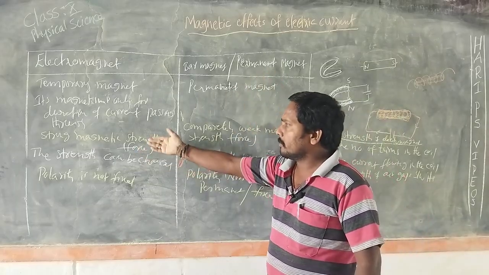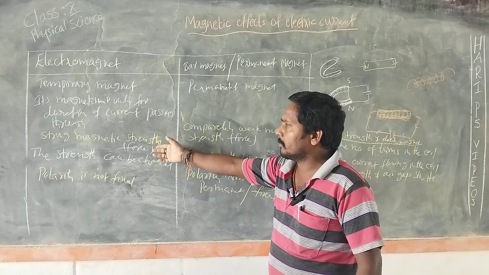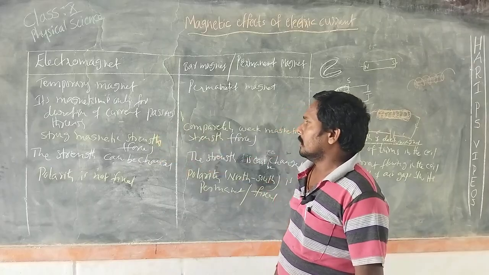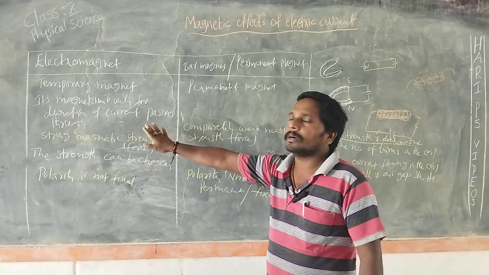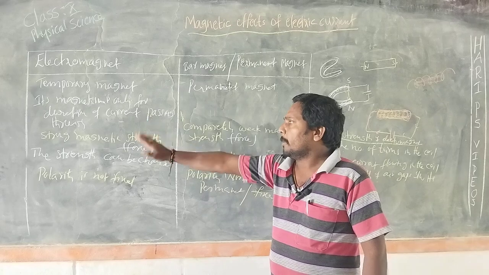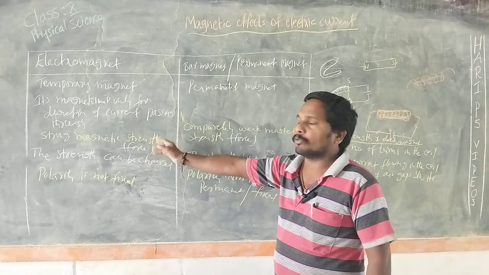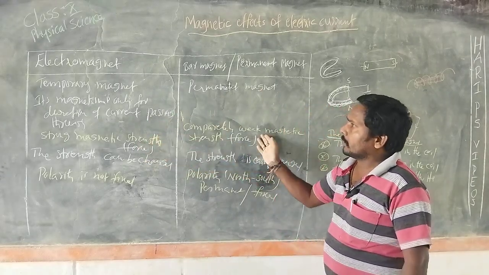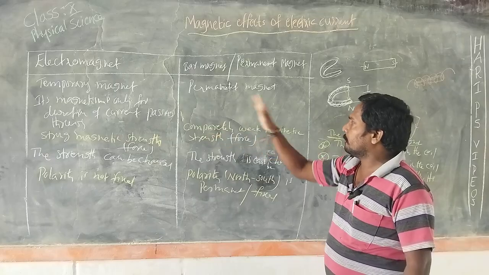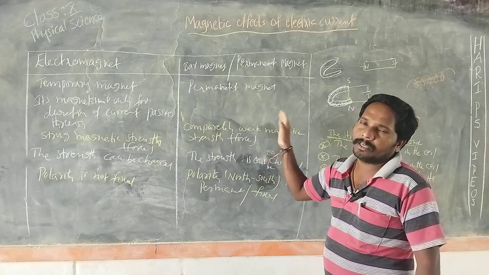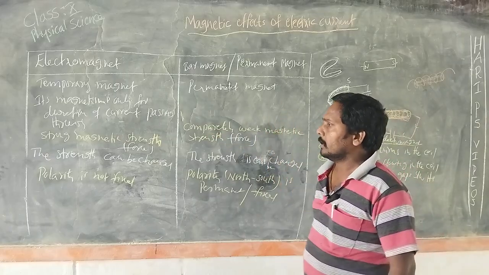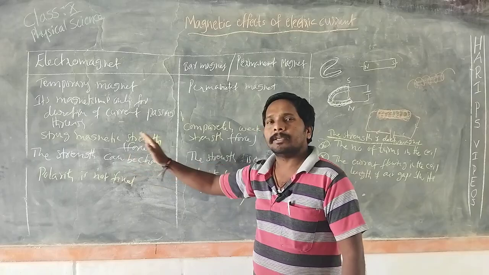The strength of the magnetic force is strong in a bar magnet when compared with the electromagnet, which has weak magnetic force. In a bar magnet, the strength cannot be changed.